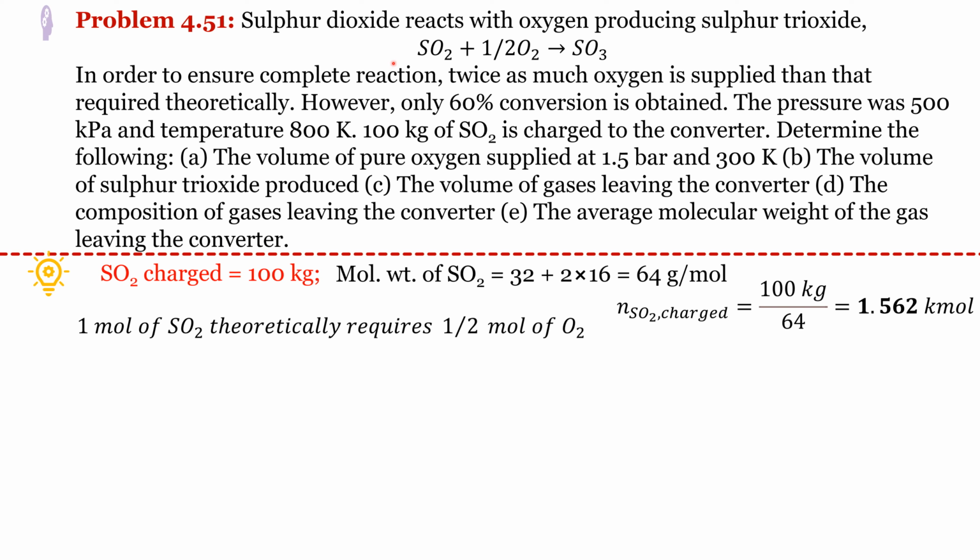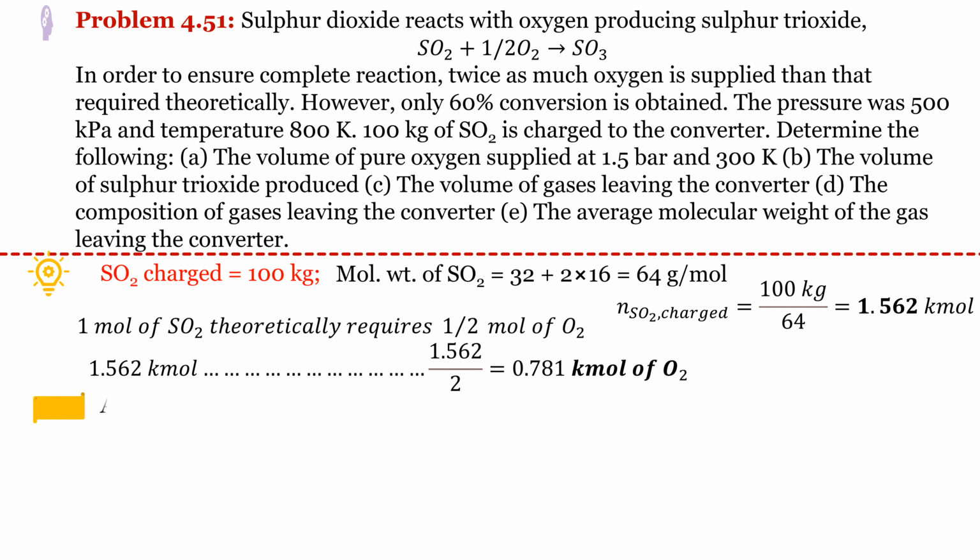Now from this equation we can say that 1 mole of SO2 theoretically requires half mole of oxygen, and the available mole of SO2 is 1.562. So 1.562 kilomole will require 0.781 kilomole of oxygen.